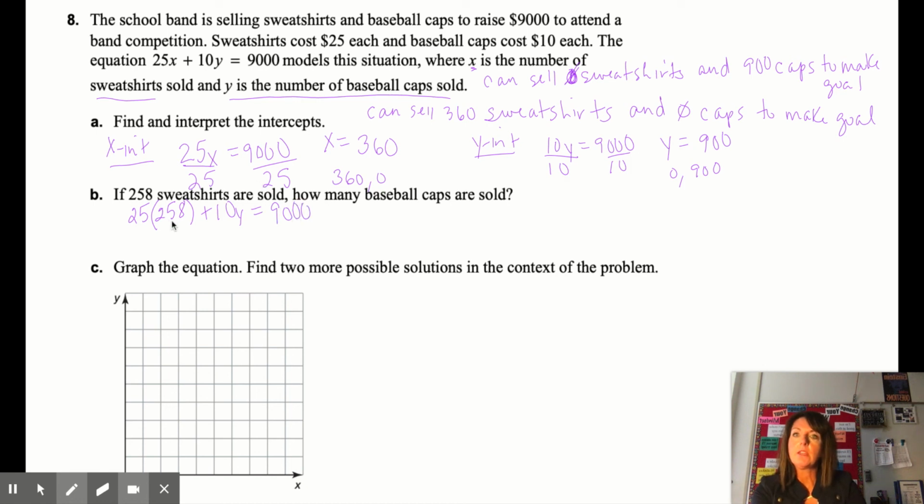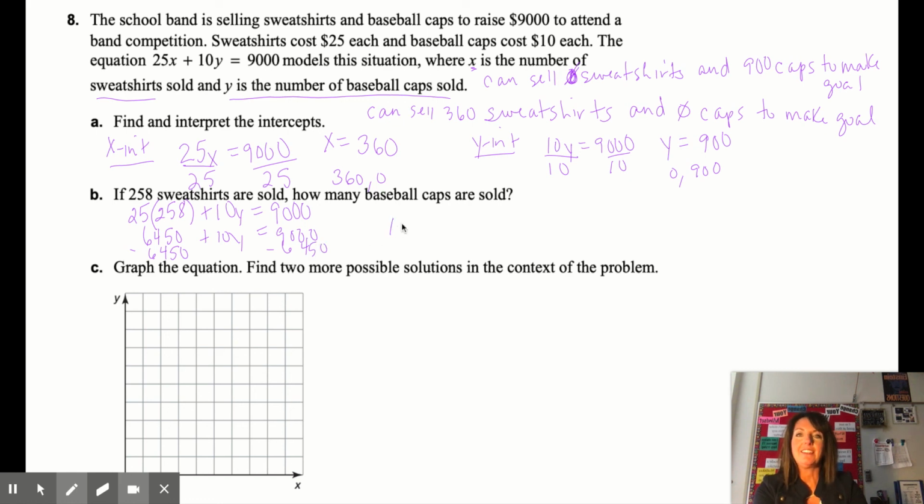Okay? So when I multiply 25 and 258, I got 6,450 plus 10y is equal to 9,000. So I'll subtract from 9,000.